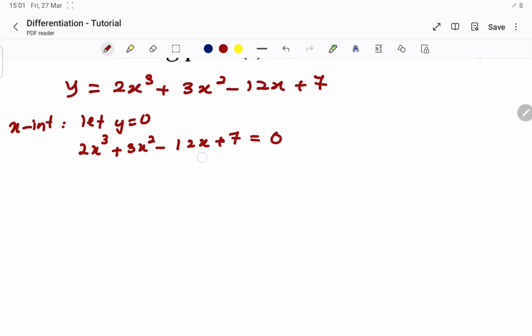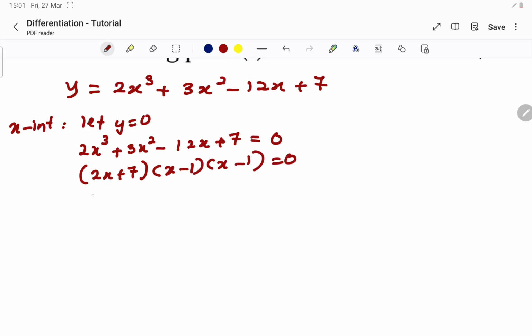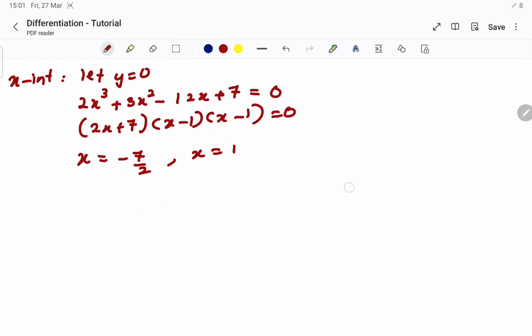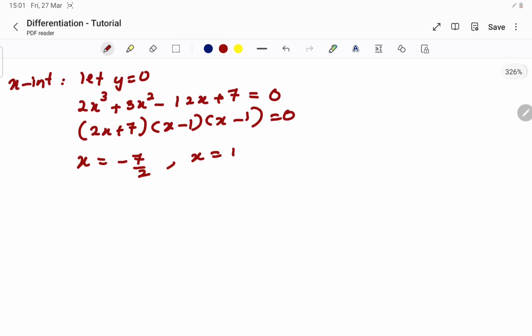By right here you will get (2x plus 7)(x minus 1)(x minus 1). When you factorize, you will get x is equal to negative 7 over 2, then x is equal to 1, and another one is x is equal to 1. So by right, it is x is equal to 1 only. So you have 2 values for your x-intercept.